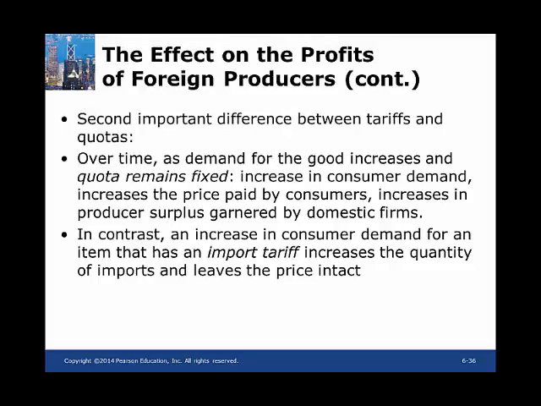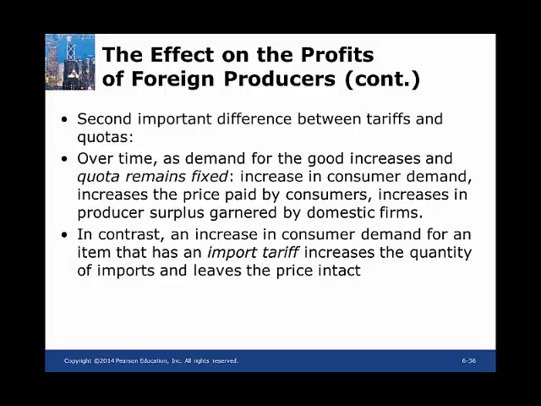The effect on profits of foreign producers continued. The second important difference between tariffs and quotas: over time, as demand for the good increases and the quota remains fixed, the increase in consumer demand increases the price paid by consumers and increases the producer surplus garnered by domestic firms.